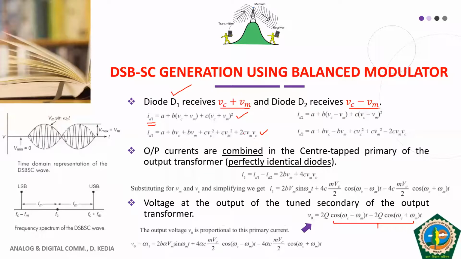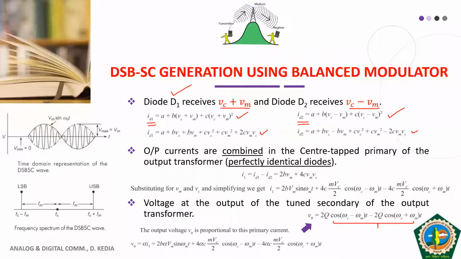The expression is the same as we saw for D1; this is the current through diode D2, with VC minus VM. If we open it up, we get ID2 equal to A plus B times VC minus B times VM plus C VC squared plus C VM squared minus 2C VM VC. So this is a simple mathematical expression.